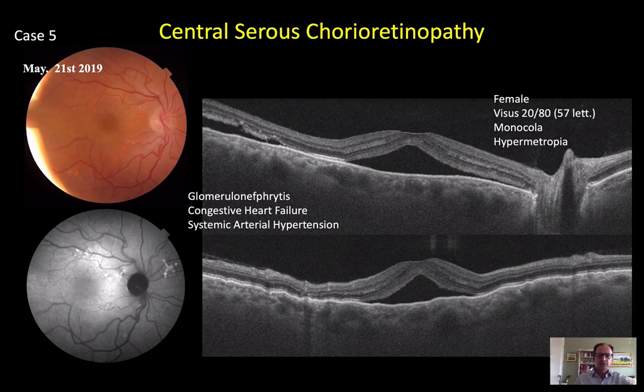She has a strong hypermetropia, and she was affected by glomerulonephritis, congestive heart failure, and systemic arterial hypertension. This is the ophthalmoscopic and OCT pictures, and as you can see, there was a very huge subretinal detachment involving the macular region and the posterior pole, and choroidal folds are very evident due to the hypermetropic refractive error.